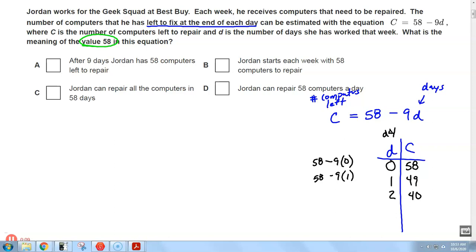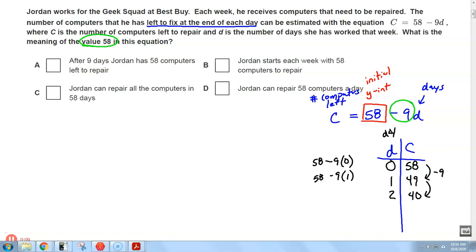Now you can see that in the equation. Because this number is not connected to a variable, it's the y-intercept, the initial or starting amount. So we're starting with 58 computers left. And then our slope, or our rate of change, is right here. We're decreasing because it's negative. We're decreasing by 9, and you can see that in the chart.